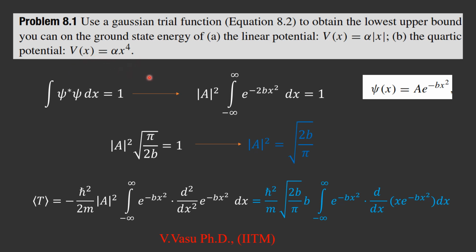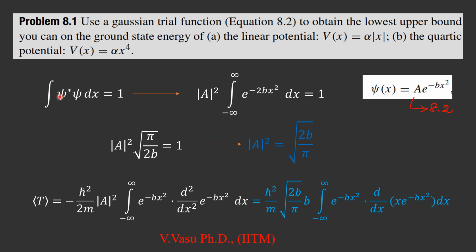Now we will solve part A. The trial wave function is given in equation 8.2. It is Gaussian in nature: psi of x equals A e to the power minus b x squared.